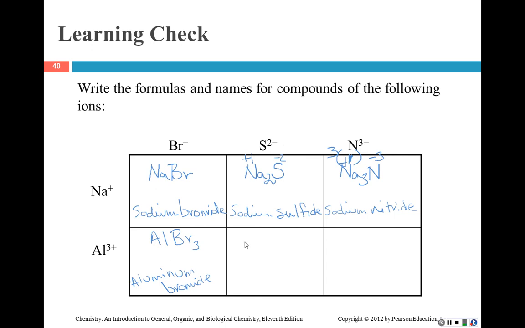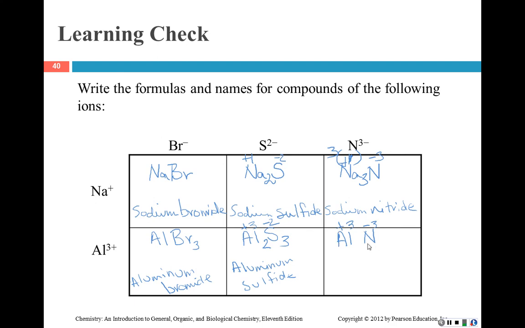All right, aluminum sulfide. That's -2. That's +3. So when I do my razzle dazzle, it's aluminum sulfide. The N3 with the Al, that's a -3 and that's a +3.